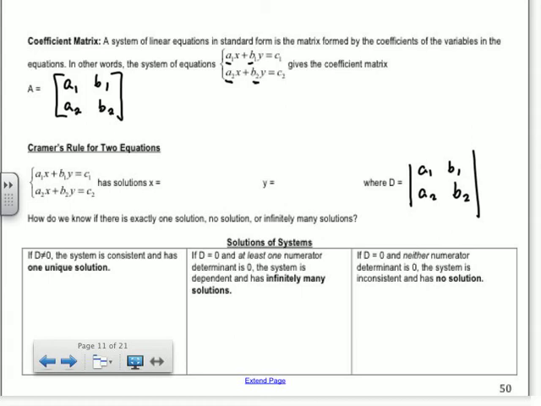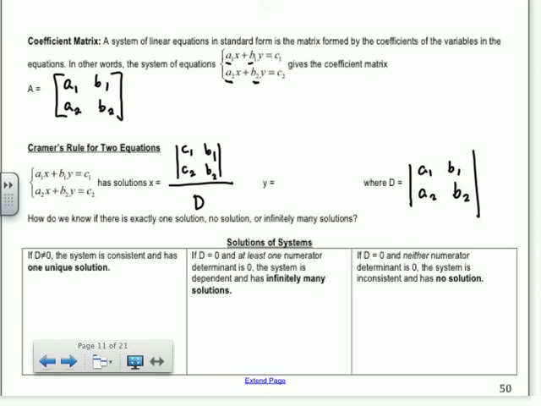Okay. So x is going to be something over that D that we just wrote. The something is going to be where we replace A1, A2 with the numbers we haven't used yet, C1, C2. This will make more sense in a second. So C1, C2, and then B1, B2 stays the same.